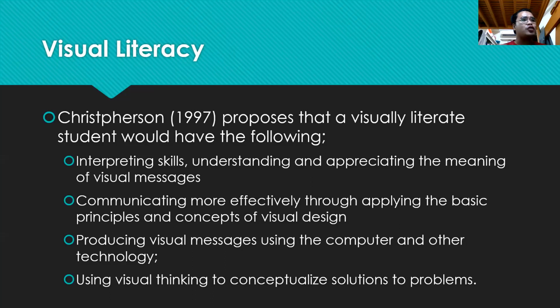So pag sinabi nating visually literate, these people are able to understand the visual media. When they see a table or a chart, a pie chart, for example, or a bar graph, they know what that visual is trying to explain to them. If you are able to do that, you are a visually literate individual.